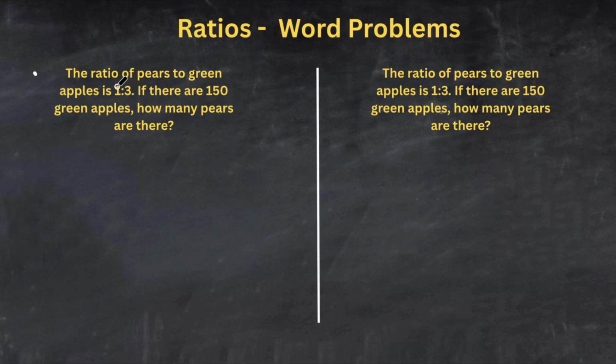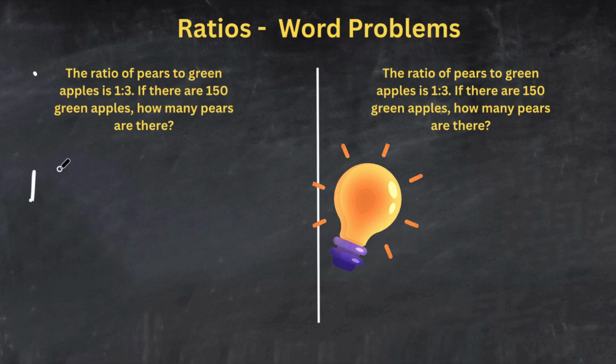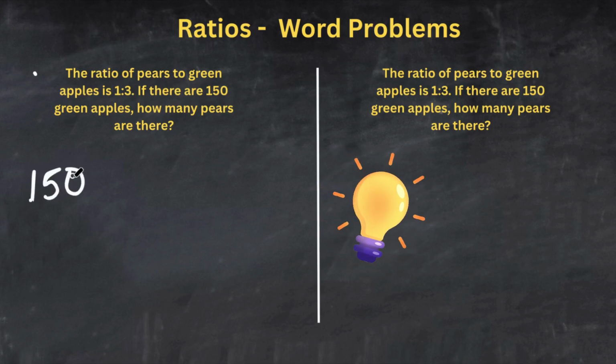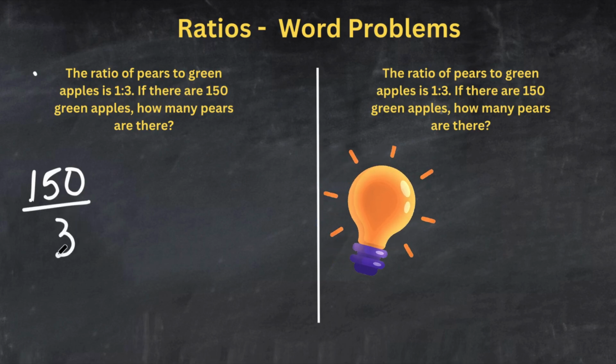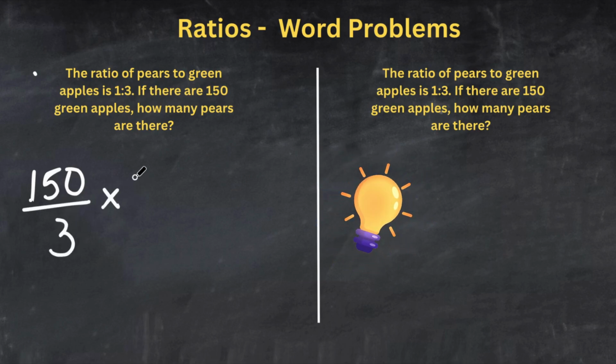So one way of dealing with this, the standard way, is that you write the real value of green apples, you divide that by the proportion of green apples, and then you multiply it with the proportion of pears, and this will give you the answer, which will be, in this case, 50.